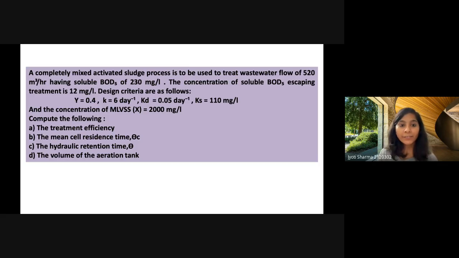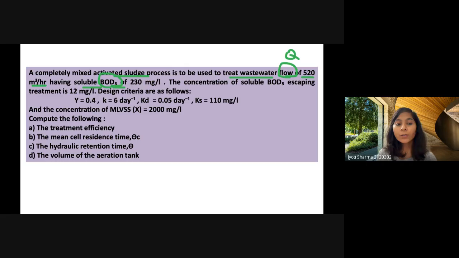So in the activated sludge process, you want to treat wastewater. The flow of your wastewater, that is Q, is equal to 520 meter cube per liter, having soluble BOD. So this is your substrate for the microorganism.